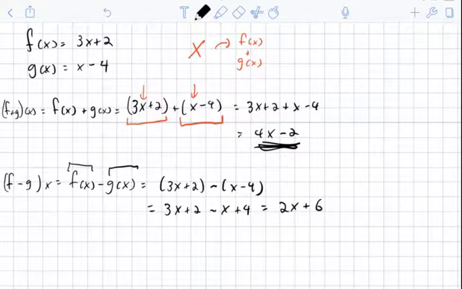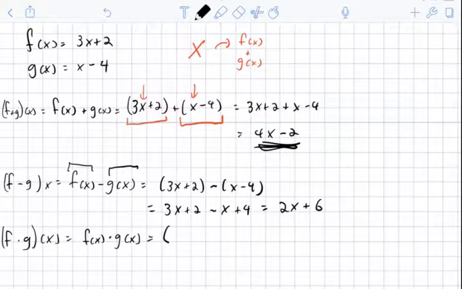You can multiply them. f times g of x, I guess. So we'll call this the function you get when you multiply them together. It's not rocket science. We've been building a firm foundation in these ideas for a while now so that we could get to the point where these particular steps didn't require too much explanation. So you just replace the name f of x with the function's actual expression.